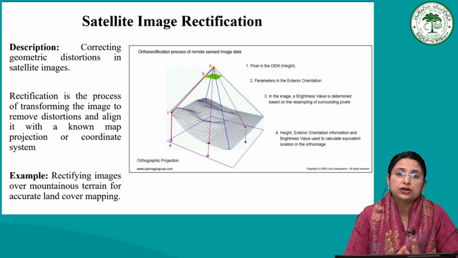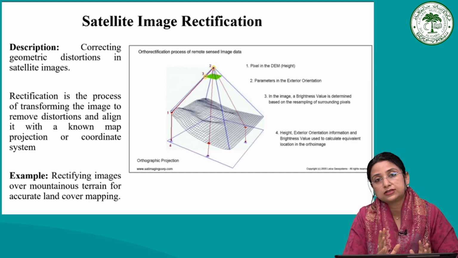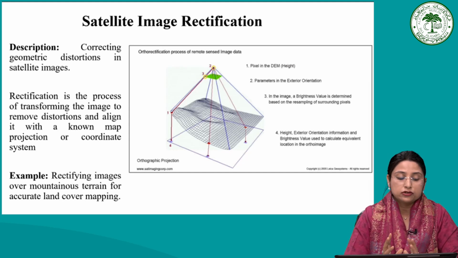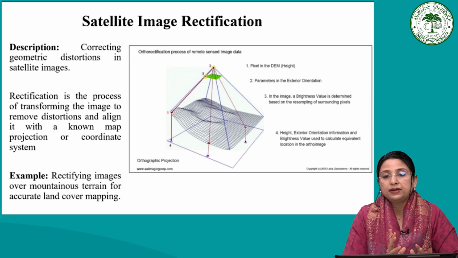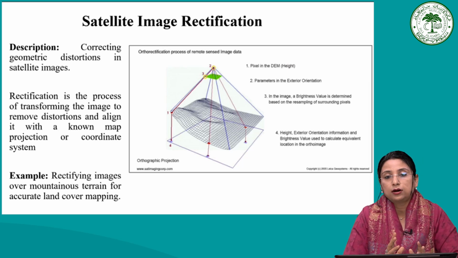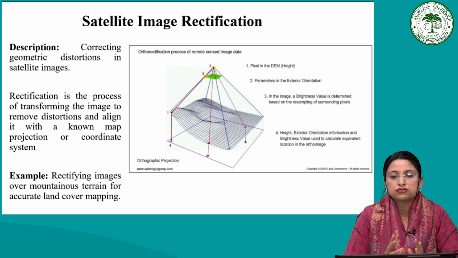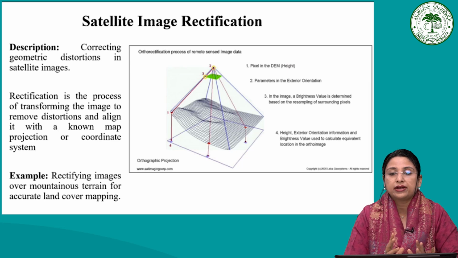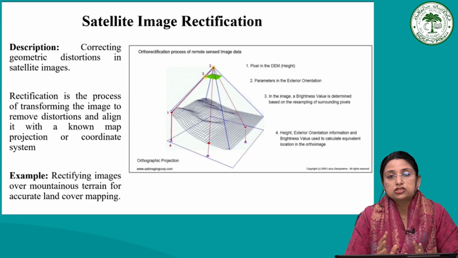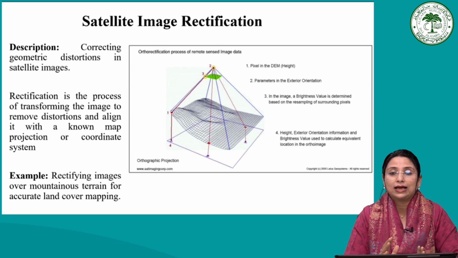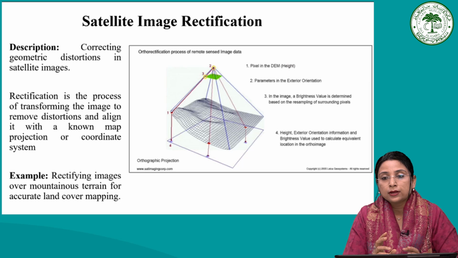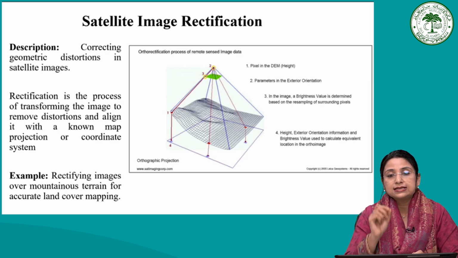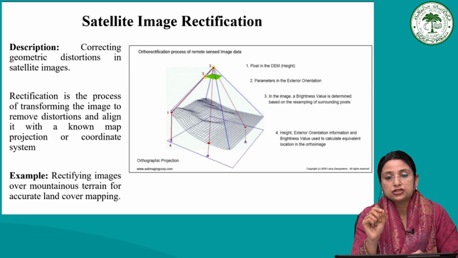The terrain relief causes various types of distortion, maybe perspective distortion, or some sort of distortions related to the projections, terrain relief, etc. These distortions are also caused due to elevation effects. So the terrain relief causes these geometric distortions, such as perspective effects and elevation variations.